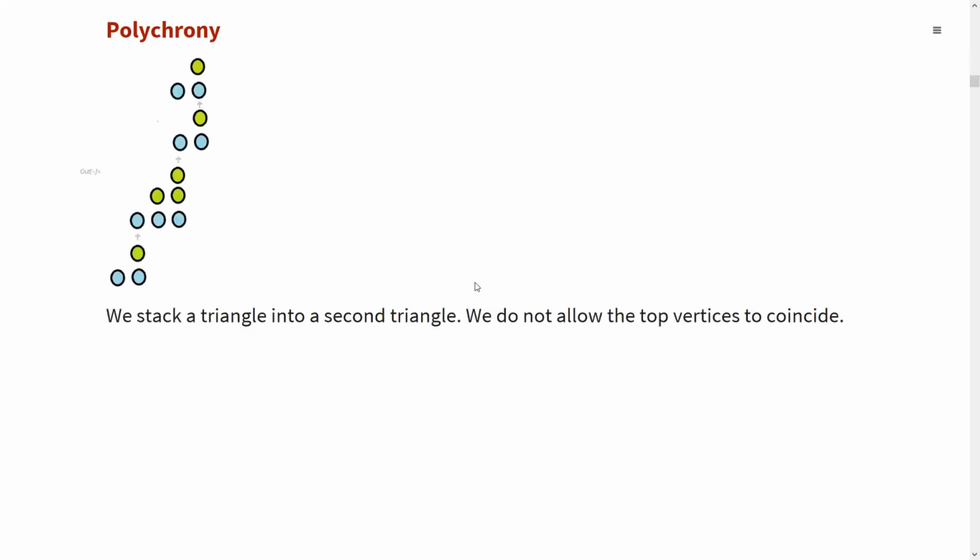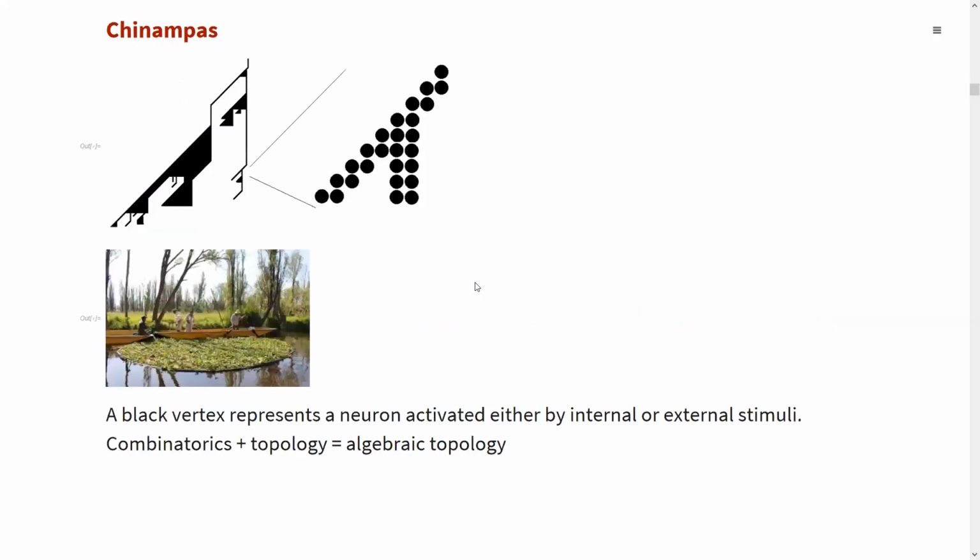In fact, the previous system can be described as the operation of stacking a triangle into the other from below. Here, the only requirement is that we do not allow the top vertices to coincide. And the first thing that we prove is that if now we only care that the neuron is activated, so here color black means that it is activated either by internal stimuli or by external stimuli.